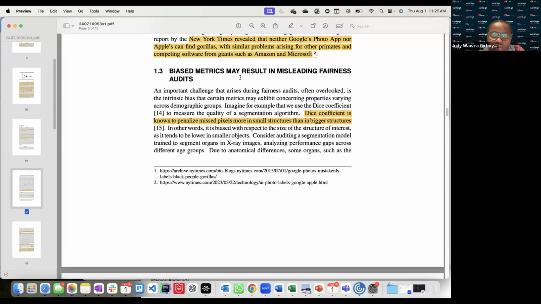So the next section goes to bias metrics may result in misleading fairness audits. The dice coefficient is like that example I showed you of the cardiac MRI, where you draw a circle, and this metric is known to penalize missed pixels in small structures more than bigger structures.